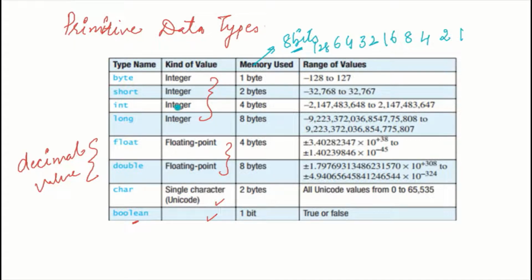Okay, so in that case the 1 byte, whenever you create any variable of byte type, internally the JVM consumes the 1 byte, it's fixed. Now its range is -128 to 127. Now here you can see also the range is 1 to 128, so it's considered -128 to 127 value.